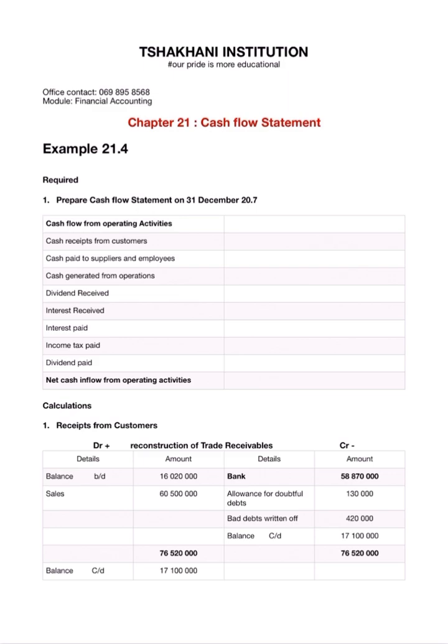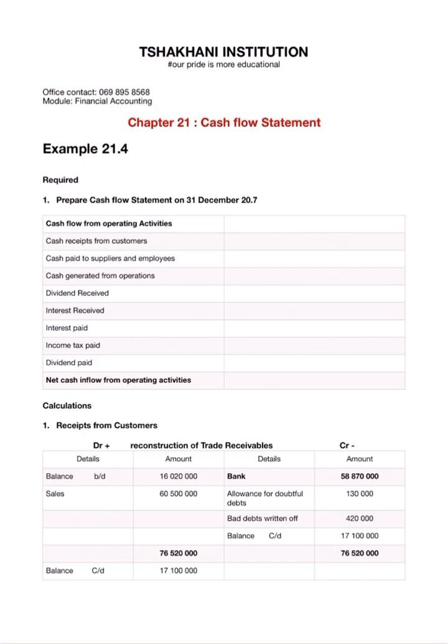What is important on the cash flow, students, is that you need to know the format. On this activity, what must be included is: cash receipts from customers, cash paid to suppliers and employees, cash generated from operations, dividends received, interest paid.